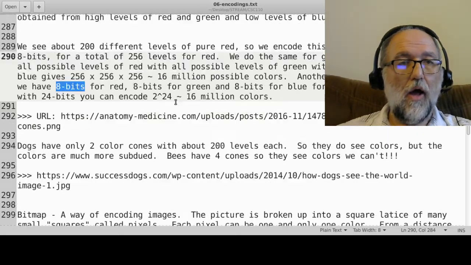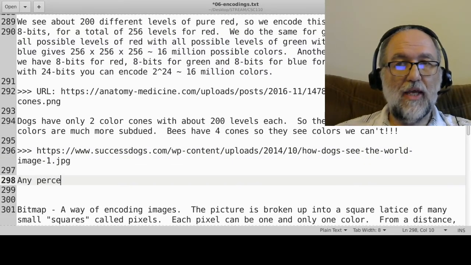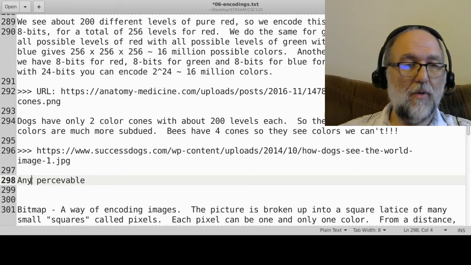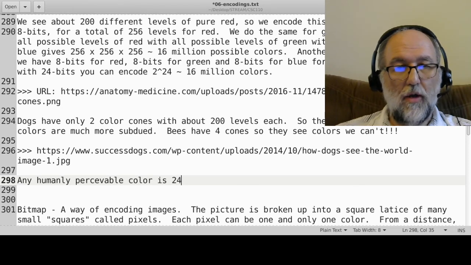Maybe we could just summarize that here: any humanly perceivable color is 24 bits, which is the same as 3 bytes.